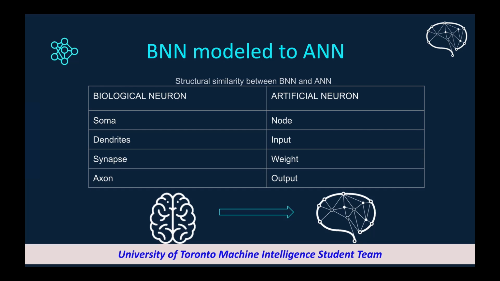The synapse in the cell body is able to increase or decrease the strength of the connection, and this is a similar role which is performed in ANN by altering the weights. The axon then sends the output signals to the other cells into their dendrites, which is again similar to the role of nodes that send out output signals. Therefore, neurons act as a basic unit in each of the above structures.